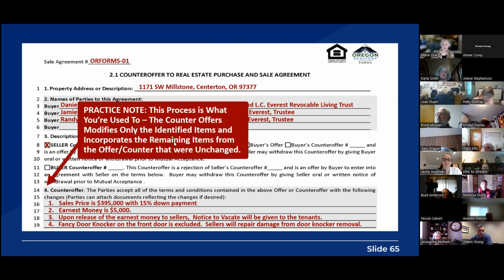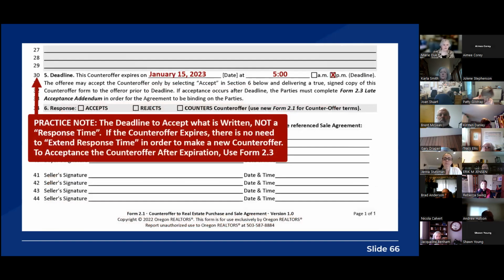We had it written out that you would have done this the same in the other forms. The deadline to accept is what is written, not a response time. Okay. The counter offer expires. There is no need to extend response time in order to make a new counter offer. For acceptance of the counter offer after expiration, use form 2.3. We actually have one that says, hey, we've expired on it.